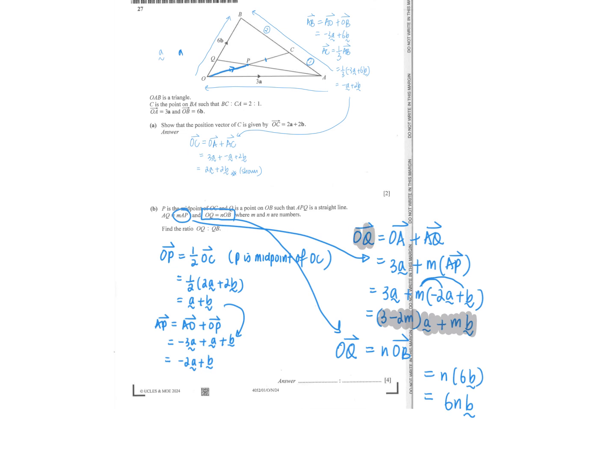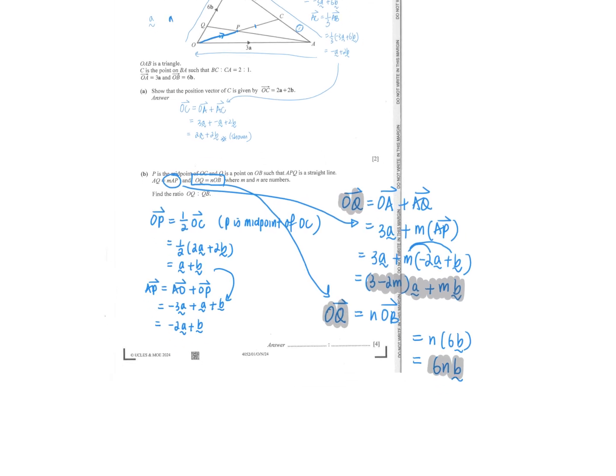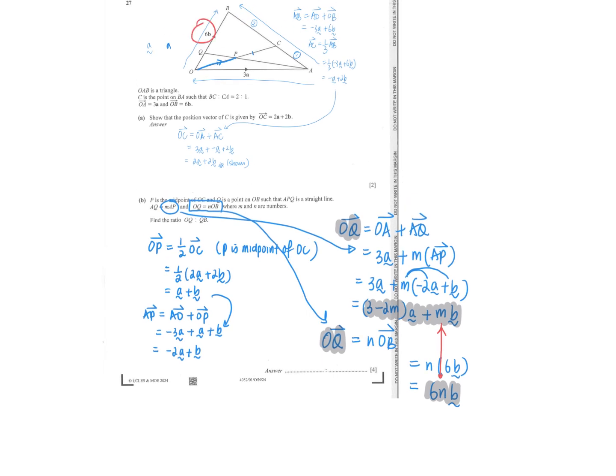If you do a term by term comparison, the coefficient of A is 0, because there isn't an A term there.